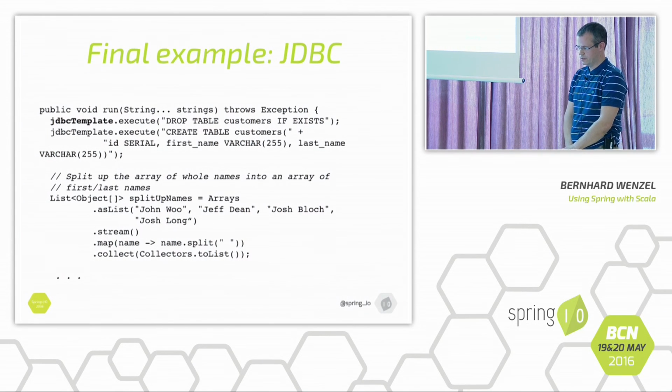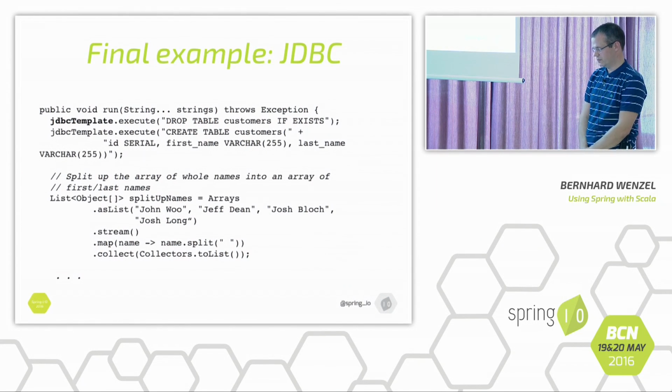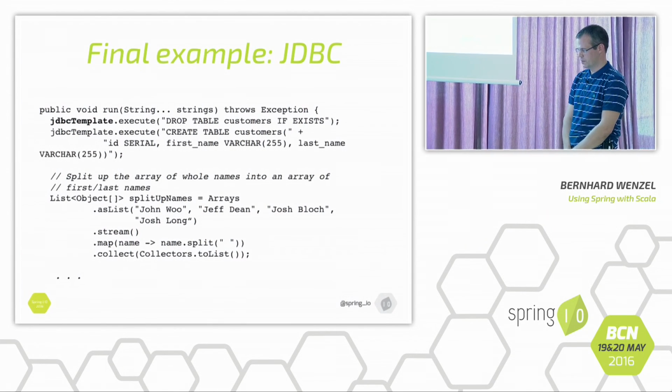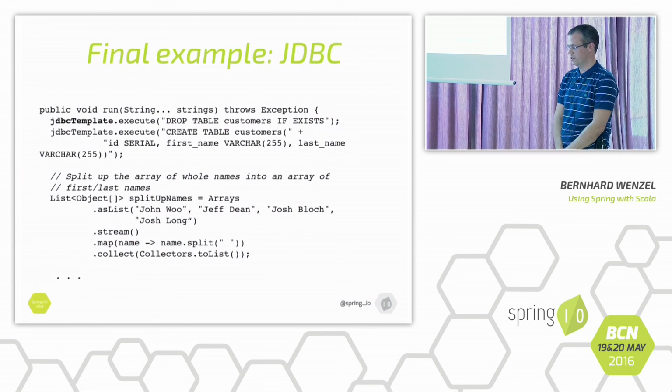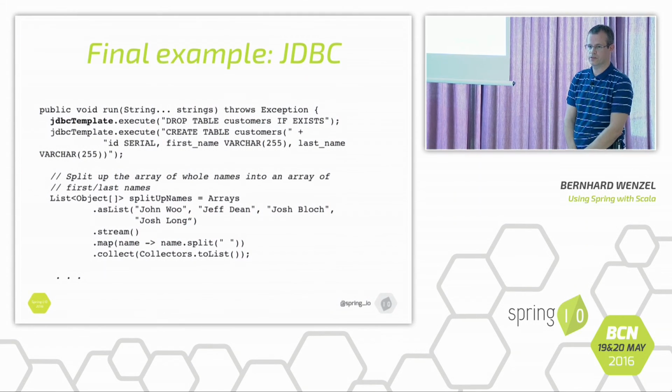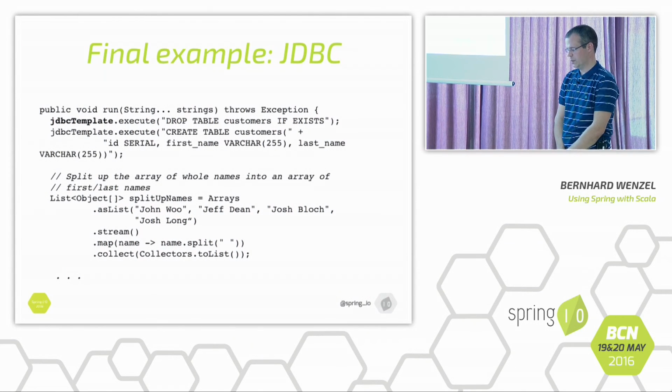And then in this example, let's assume we just have a list of full names, which we then need to split into first and last name to put into the database. And yes, we do this using Java 8 streams. We have our list, we split the names, and we collect the results back into a list.